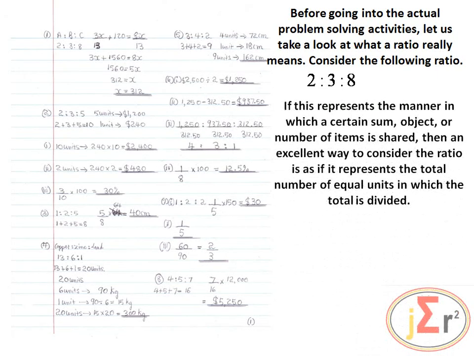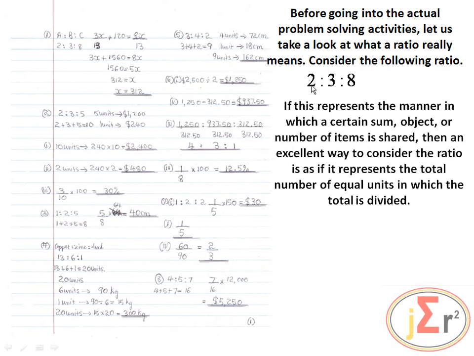If this represents the manner in which a certain sum, object, or number of items is shared, then an excellent way to consider the ratio is as if it represents the total number of equal units in which the total is divided. So here we have 1, 2, 3 shares.